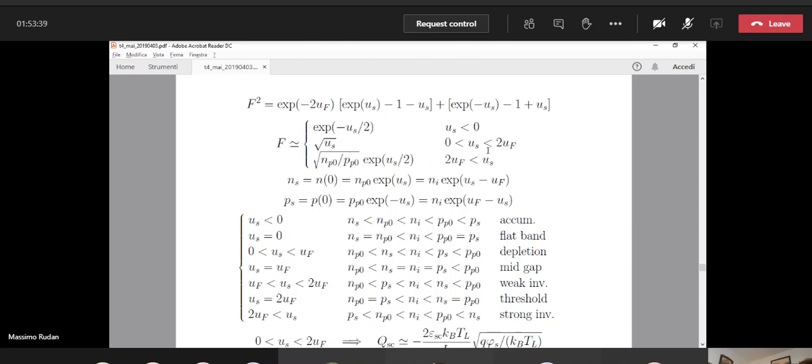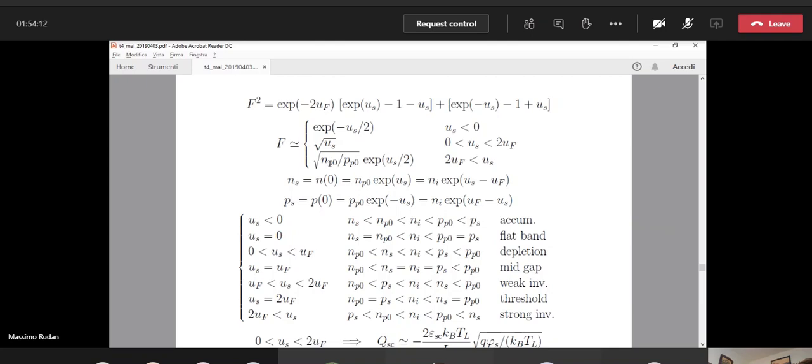So if US is larger than 2UF, then this first part of the function dominates. Then we take the square root, and the function is proportional to the exponential of US divided by 2 times the square root of e to the minus 2 UF, that can be written, as you remember, in this form, okay?